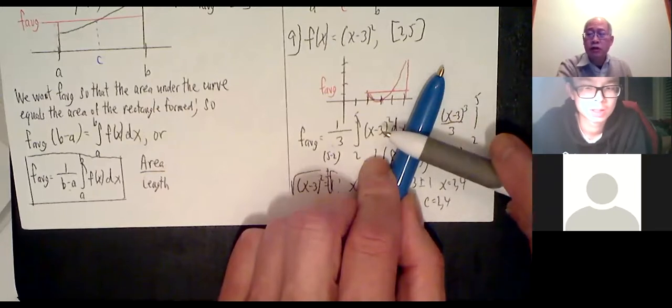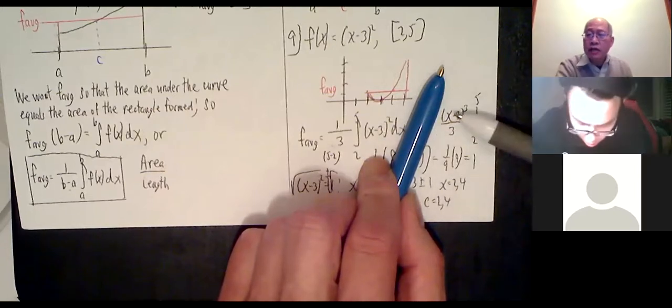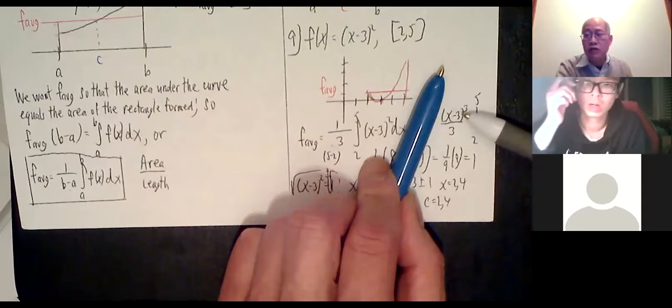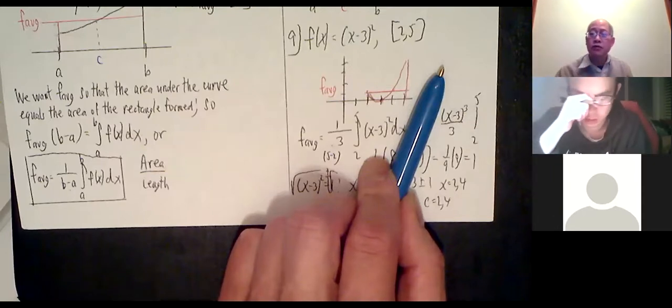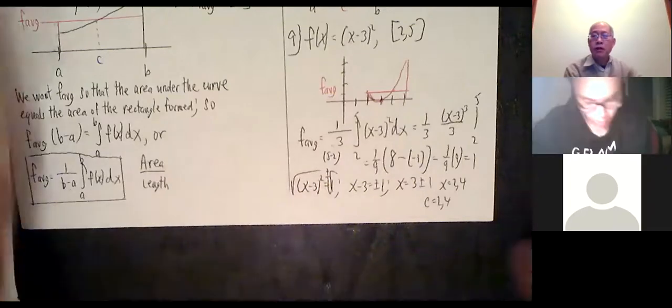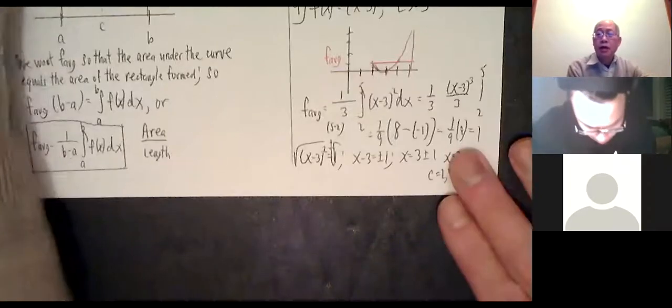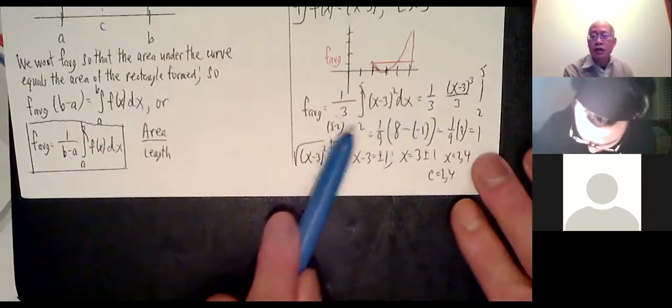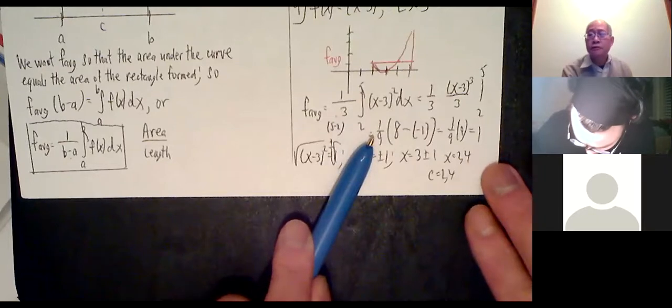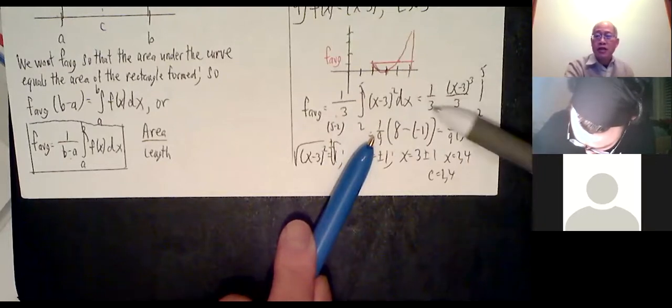I have (x minus 3) squared. But that would not work if that had been x squared, then by the chain rule, when you take the derivative of the inside, you've got an extra 2x, so that opens a different can of worms. So we wouldn't be able to do that. Anyway, 3 times 3 is 9, so I make that 1/9.